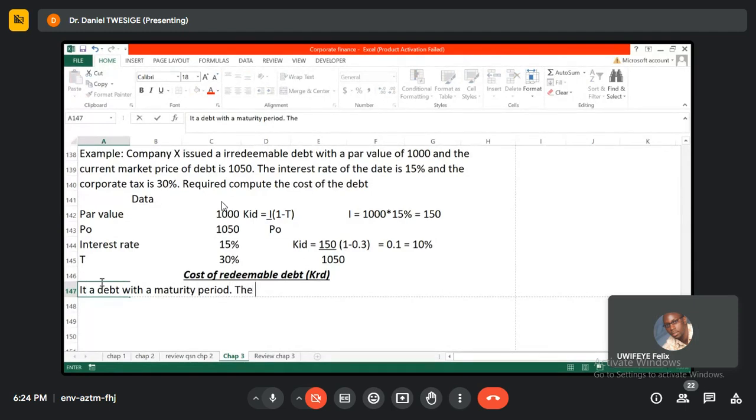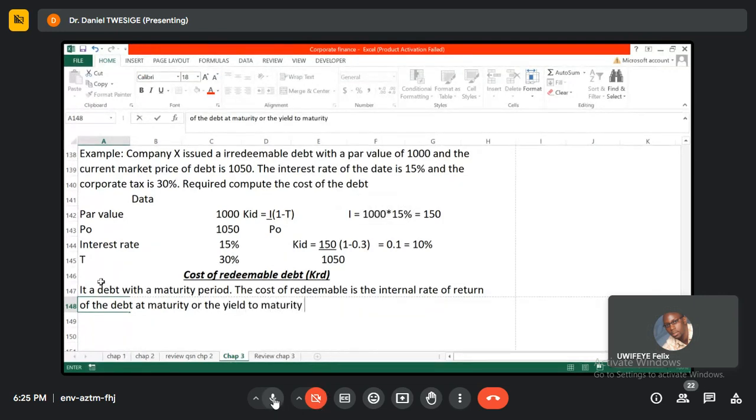So the cost of redeemable debt is the IRR, the internal rate of return of the debt at maturity, or what is called the yield to maturity of the debt.